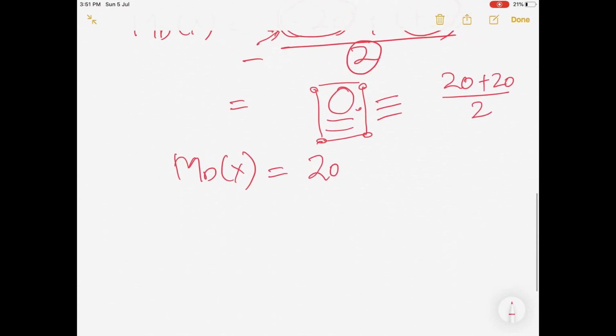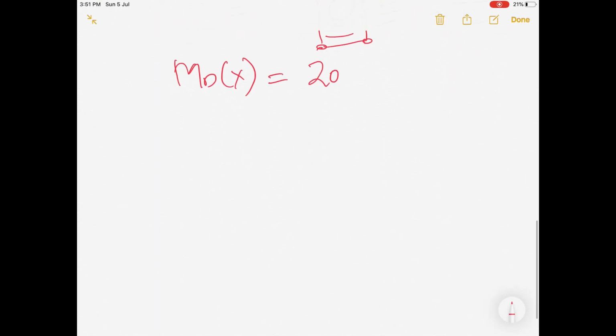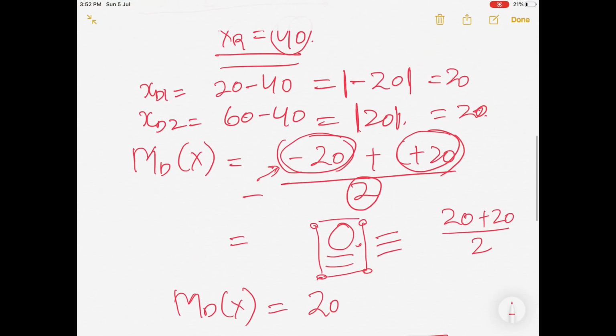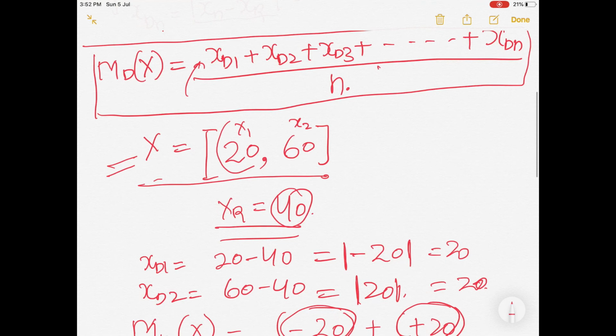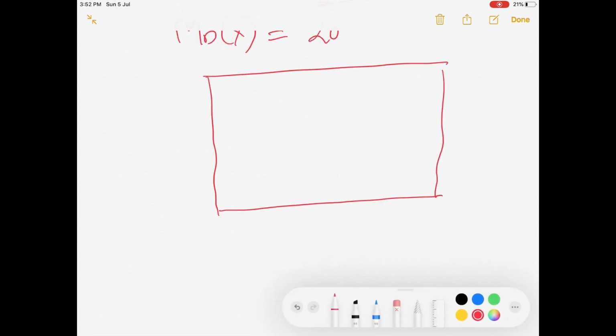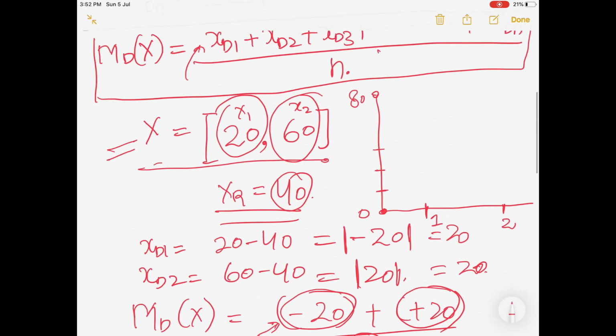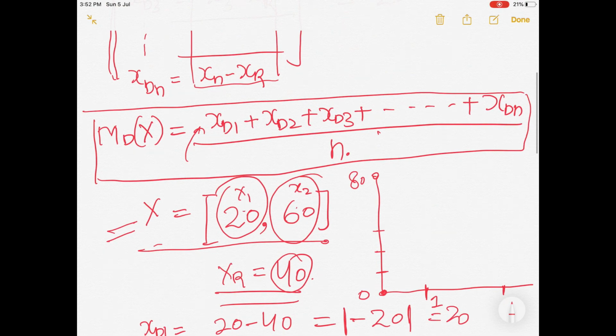Now fundamentally, what is this mean deviation telling about the data? For example, let's draw one quick graph and draw these 2 points on the graph, x1 and x2. On the x-axis we have the number of points, 1 and 2. In this data set we have 2 points, 20 and 60.